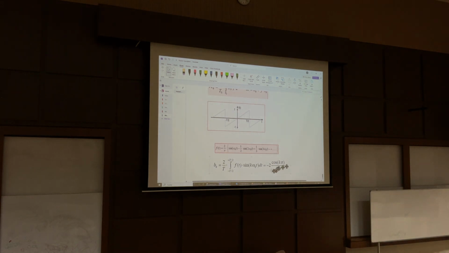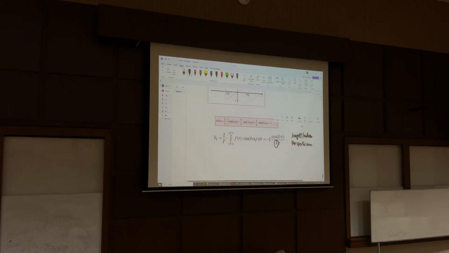To derive that. You see, the amplitudes of the spectrum tend to 0 with increasing frequency.